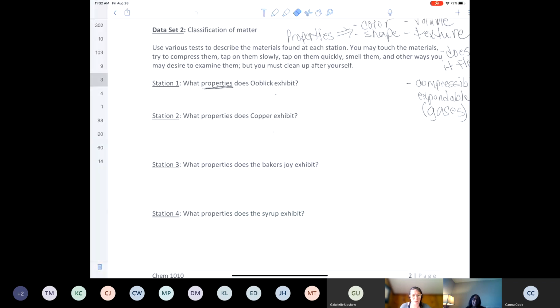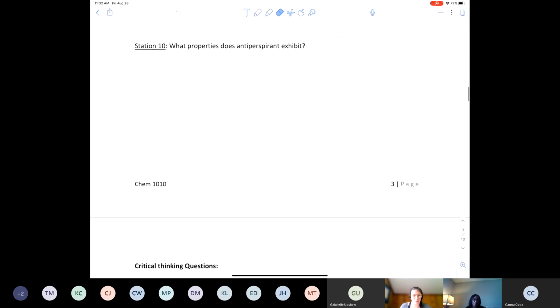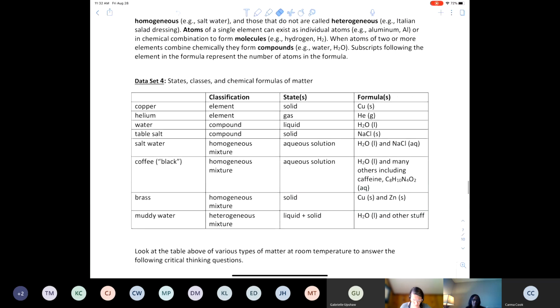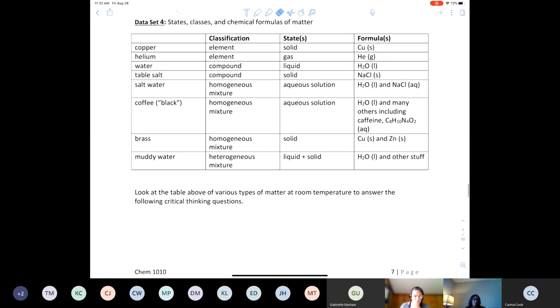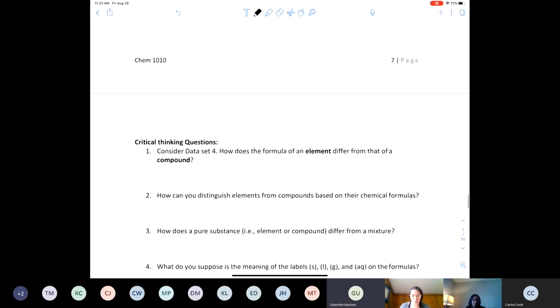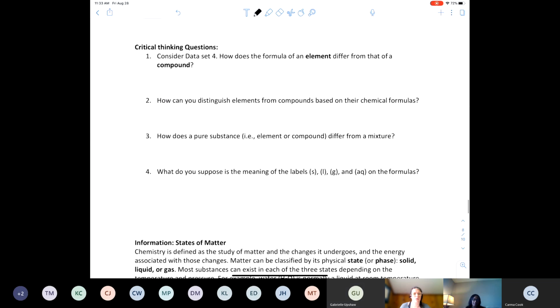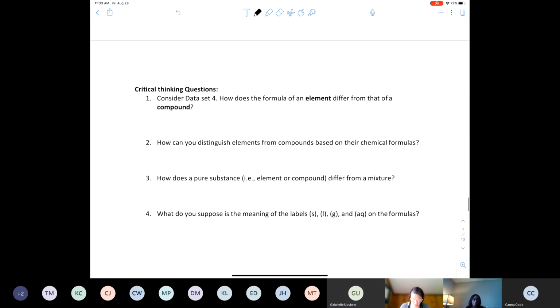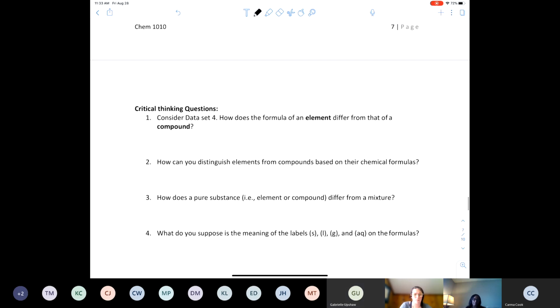I was looking at data set 1. Thank you for that. So for data set 4, okay, you're correct. Copper, helium, water, table salt. Yes, these are the substances that you should classify. So the exact same process. Right. Okay. Right. Thank you.